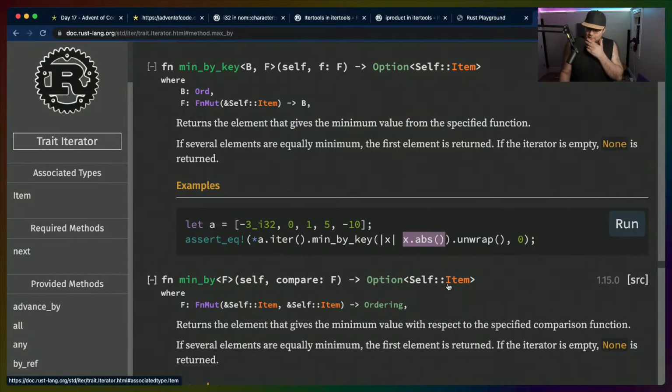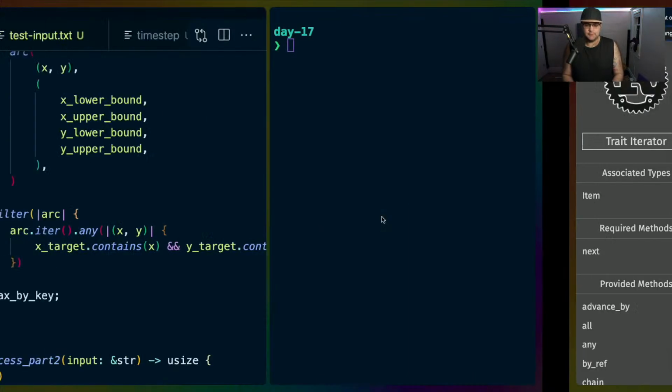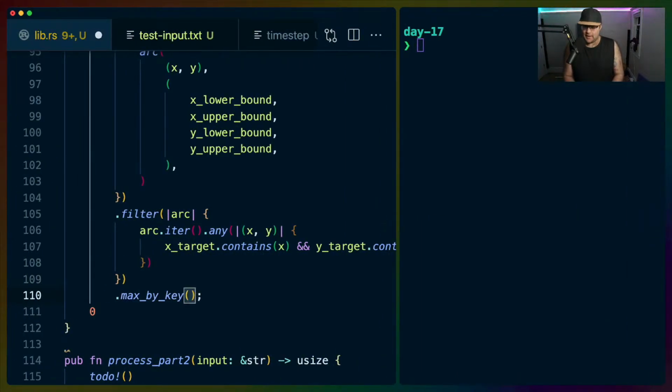So we get to return a value here. I think that's what we want. Max by key. Arc.iter.max by key.